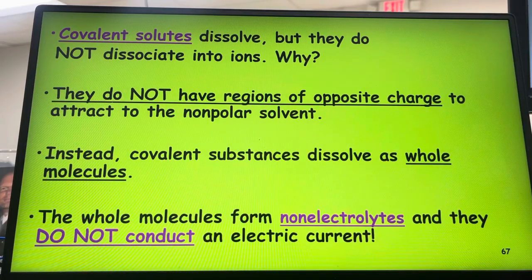Instead, covalent substances like sugar, my favorite example, dissolve as whole molecules. So if I've got a sugar cube, it's going to dissolve into tiny pieces of sugar, not into separate ions, because there's no positive and negative. There's no cation and anion in a sucrose molecule, right?